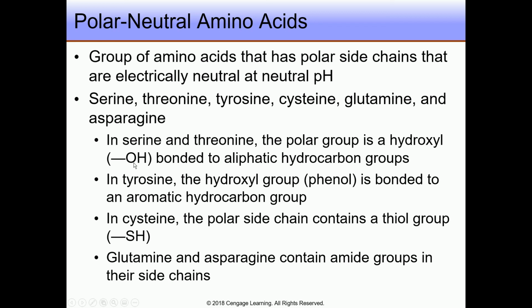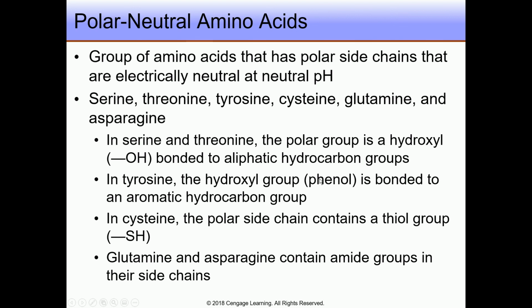They are neutral, which means they have an unequal distribution of charges, but they do not have some overall charge on them. So you should know the amino acids which fall in this category. This is again showing you all the polar uncharged amino acids, which include your threonine, serine, asparagine, cysteine, tyrosine, and glutamine. You need to know all these things.